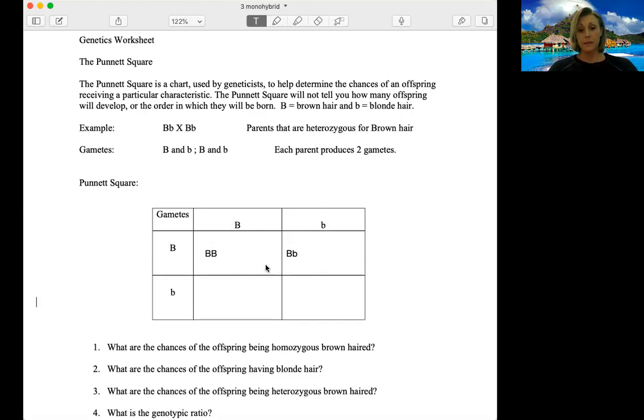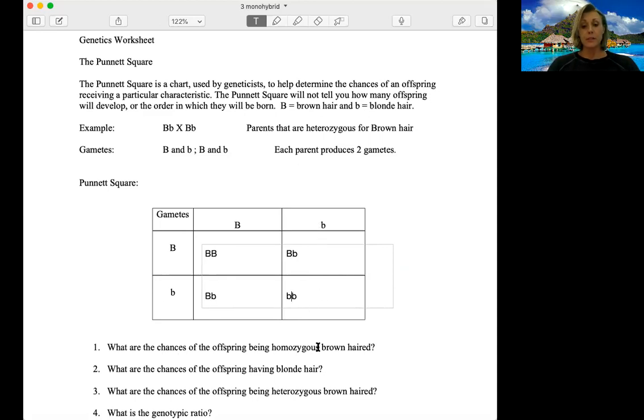So here, I'll just do this. This one's going to be big B, little b. And then this one is big B, little b. Oops, sorry. This one is not big B, little b. This is little b, little b.